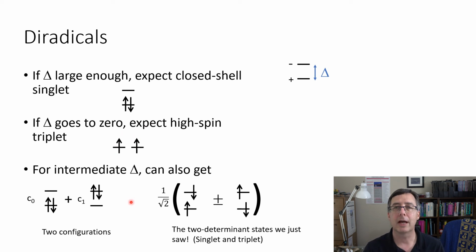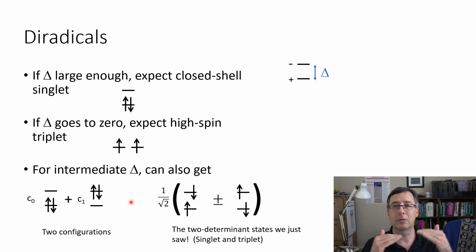Now, for a given diradical, how do you know if it's a singlet or triplet? Frequently you don't. If you're an expert in diradicals and study them a lot, then you may be able to look at one and tell. But in general, the singlet and the triplet solutions are close in energy, and so a lot of times you have to run calculations on both and let the computer tell you what it thinks is the lower one.